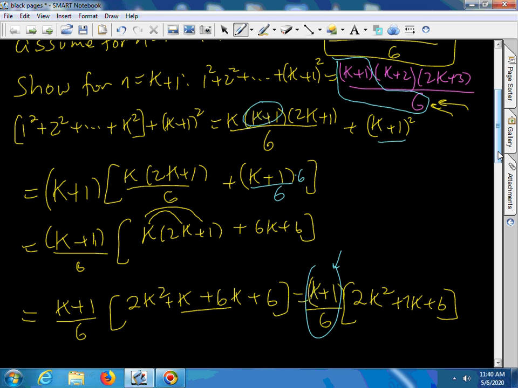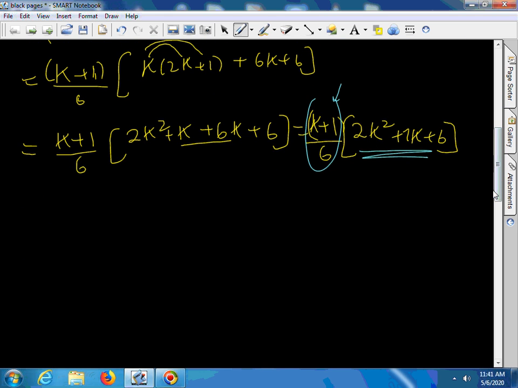But take a wild guess what this is going to factor out to. The answer is going to factor out to that. It has to, unless we made an error somewhere. So we have k plus 1 over 6, but let's actually figure this out.